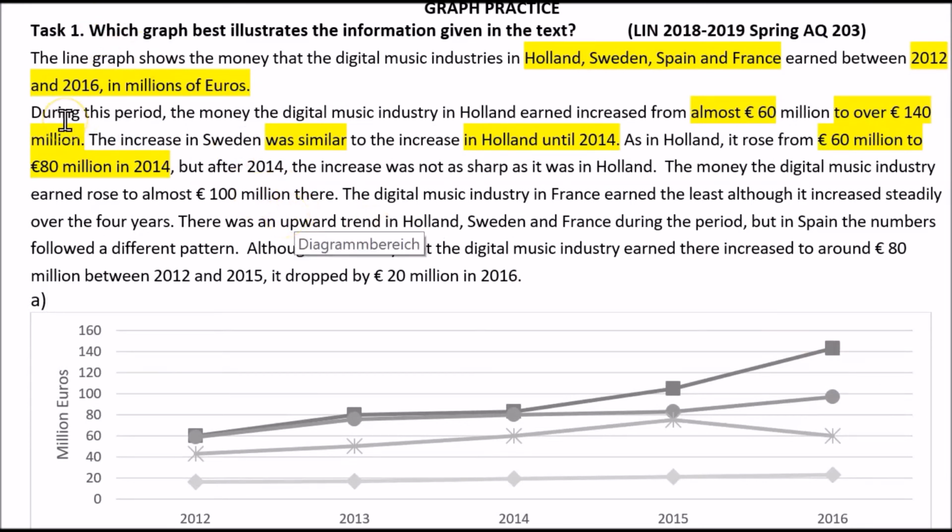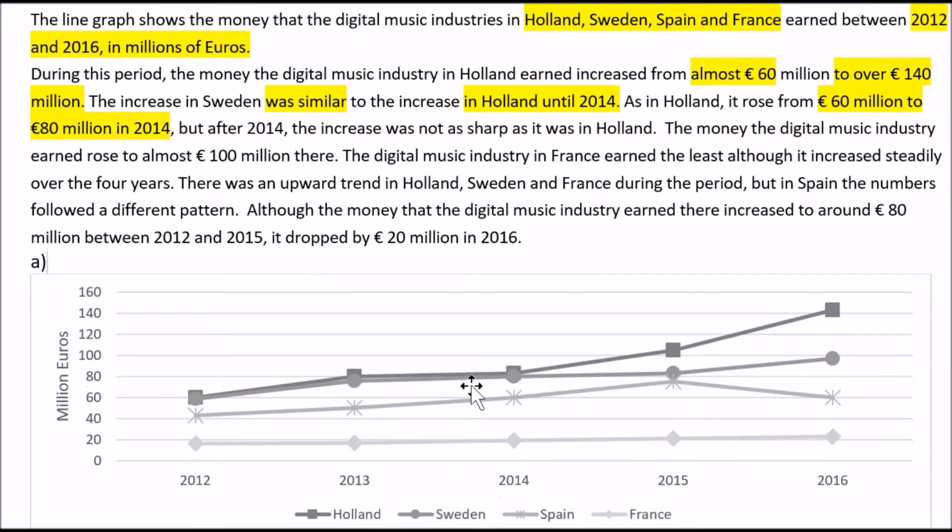And for paragraph 2, in the first line, we are given the fact that during this period, the money that the digital music industry in Holland earned increased from almost 60 million to over 140 million. Let's check if these numbers correlate to the numbers that are given in the graphs here.